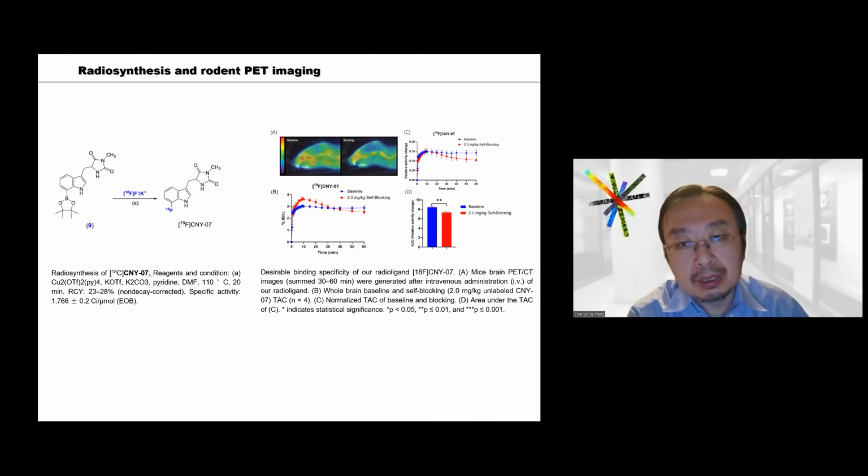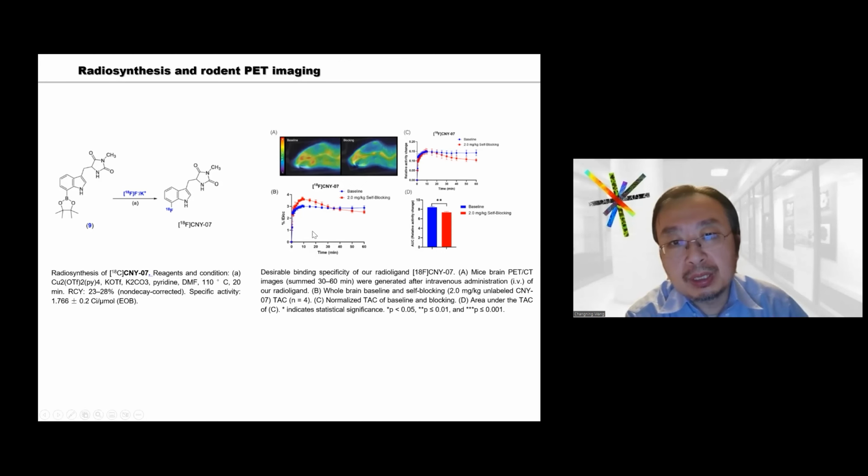We test in rodents first. We test baseline, which means injecting tracer only, and blocking, which means pretreating with unlabeled NY07 to see the decrease of signal to demonstrate its specific binding.